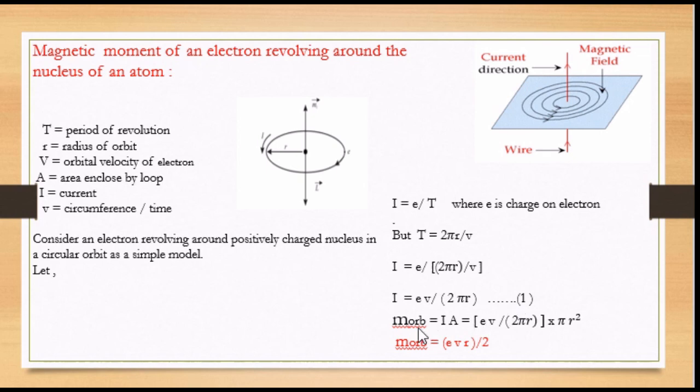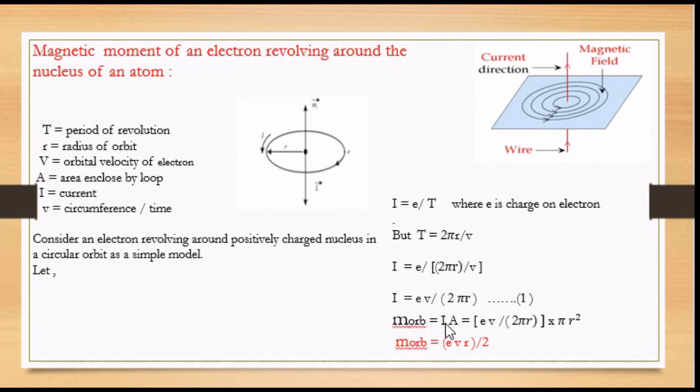Actually, we are interested in finding the orbital magnetic moment. This electron is revolving, and that's why it has some orbital magnetic moment, which is the product of the current and the area. Now, as you know, this is a circle, and the area of the circle is pi r square.